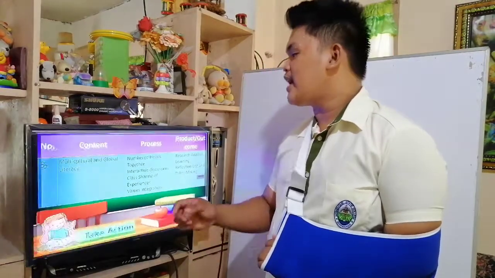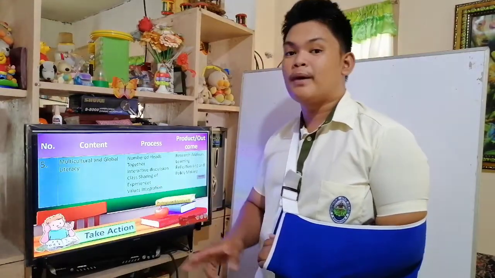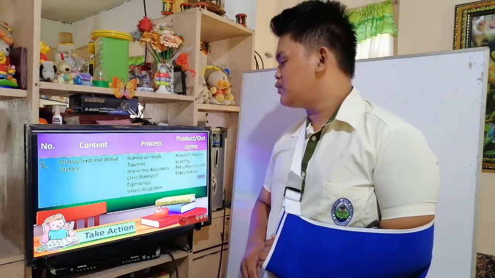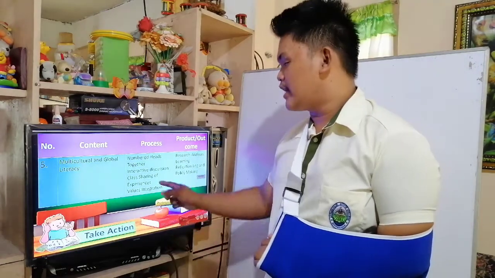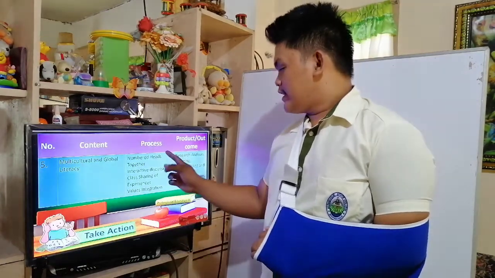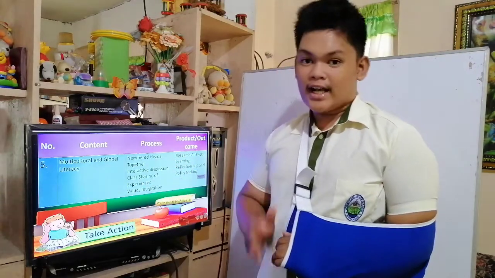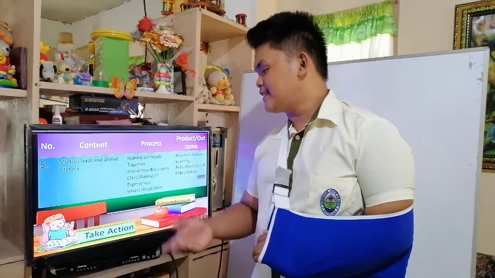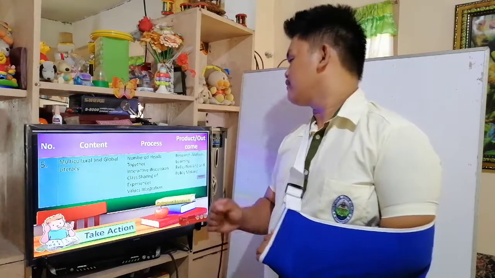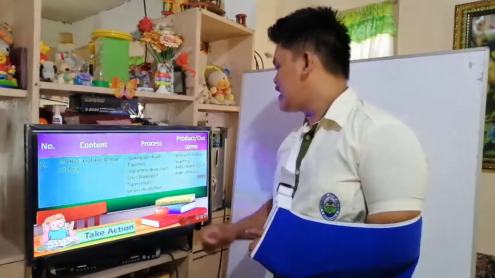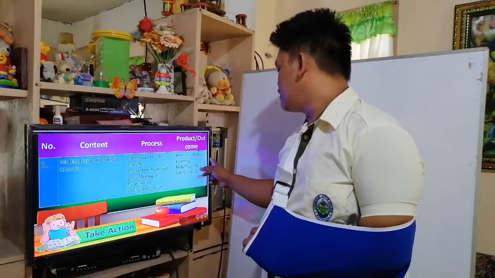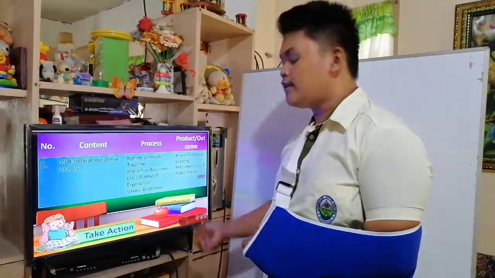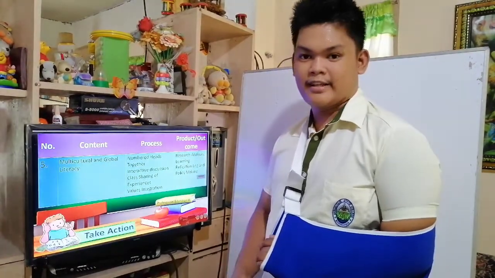And last, we have multicultural and global literacy. For the process, we have the numbered heads together activity, and then the interactive discussion, class sharing of experiences, and lastly, values integration. For the product, we have research analysis, learning reflection log, and policy making.